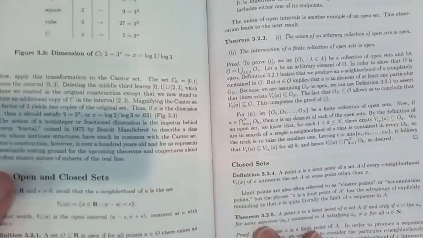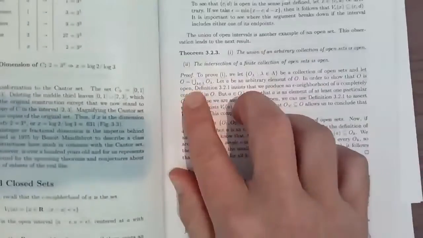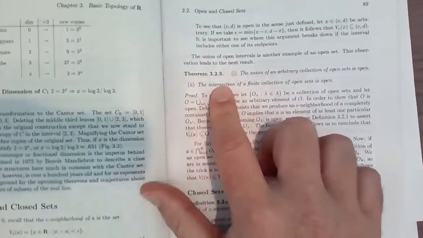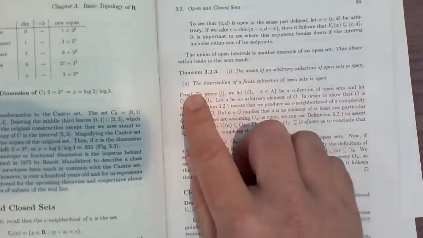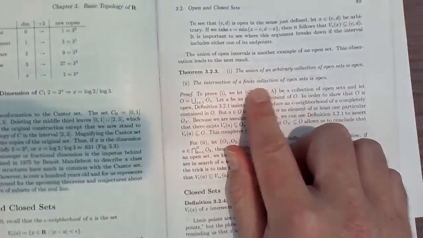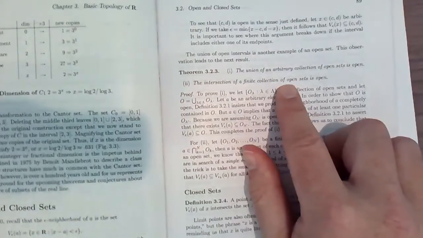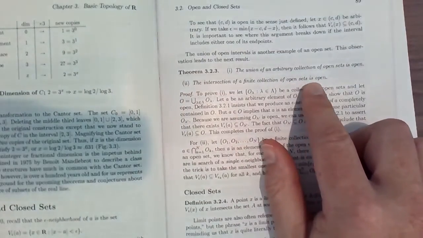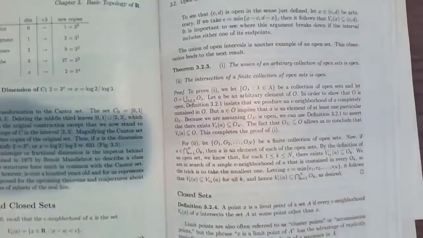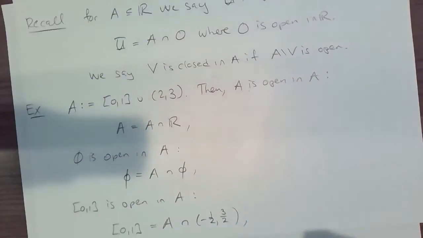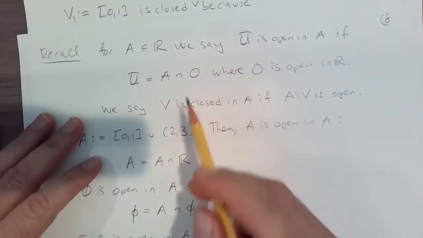Like the properties that we had, when we say unions of arbitrary open sets are open, and intersections of finite collections of open sets are again open, right? So we have these properties here for the open sets of R. We should have these properties as well for the one that we're looking at here, and we do.